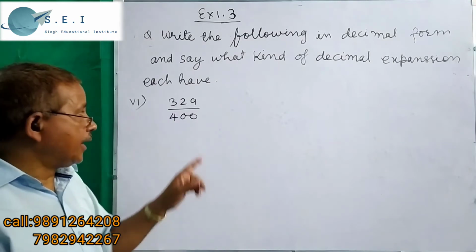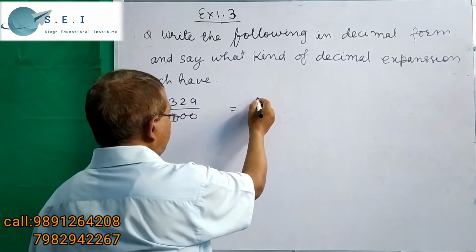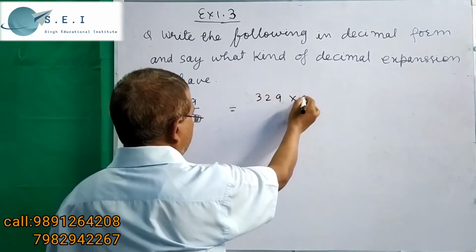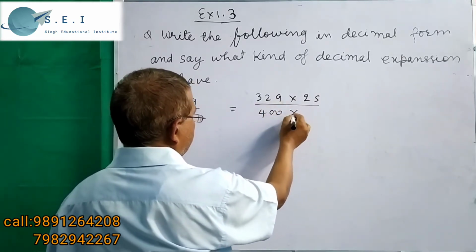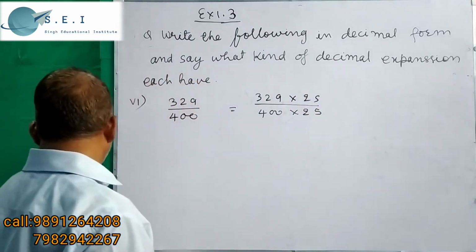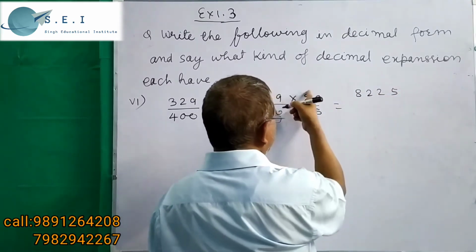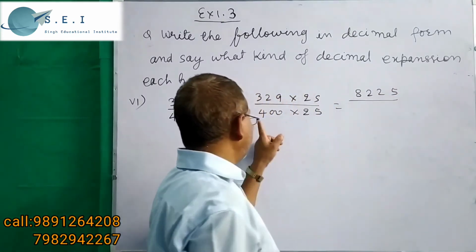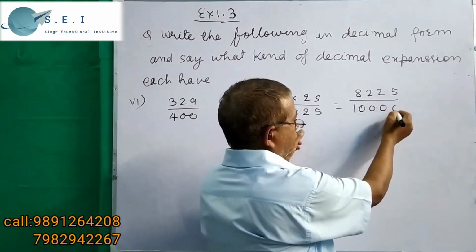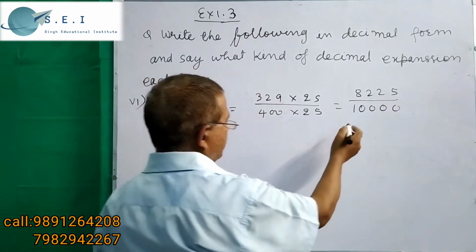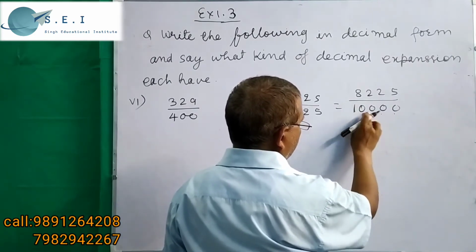The sixth part is 329 upon 400. We should multiply 329 by 25 in the numerator as well as in the denominator. So 400 multiplied by 25. Multiplication of this is 8225, while 4 multiplied by 25 is 100 and the denominator is 10000. Thus for the answer in decimal form, count the number of 0s after 1, which is 1 2 3 4.